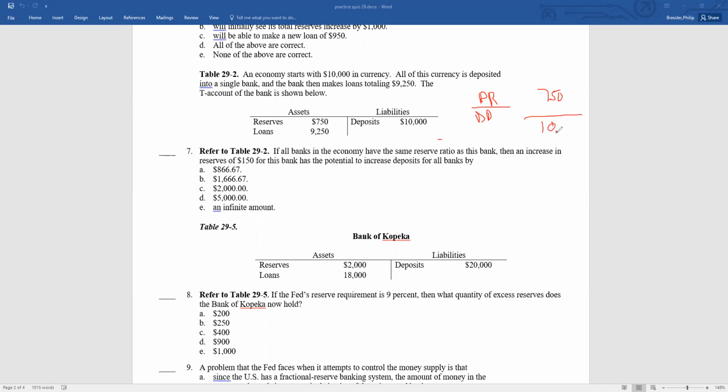This is like one of those where I said you use your calculator. So I got a reserve requirement now of 0.075.